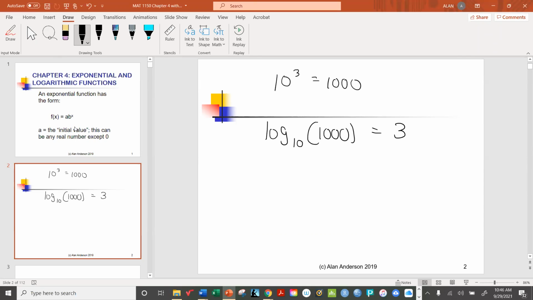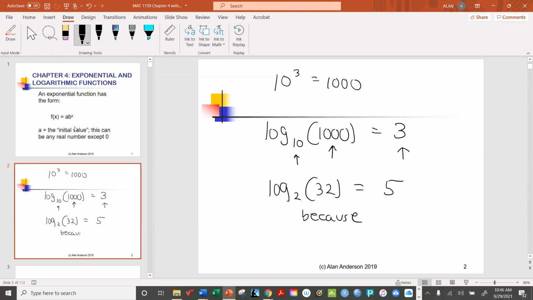So what this is telling me is that if I take 10 and raise it to the third power, I'll end up with 1,000. Or if I have log base 2 of 32, this equals 5 because 2 to the 5th power equals 32.